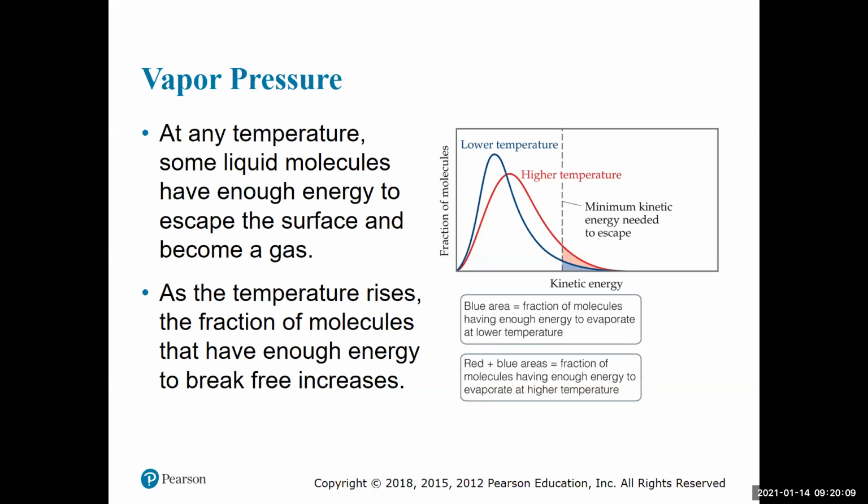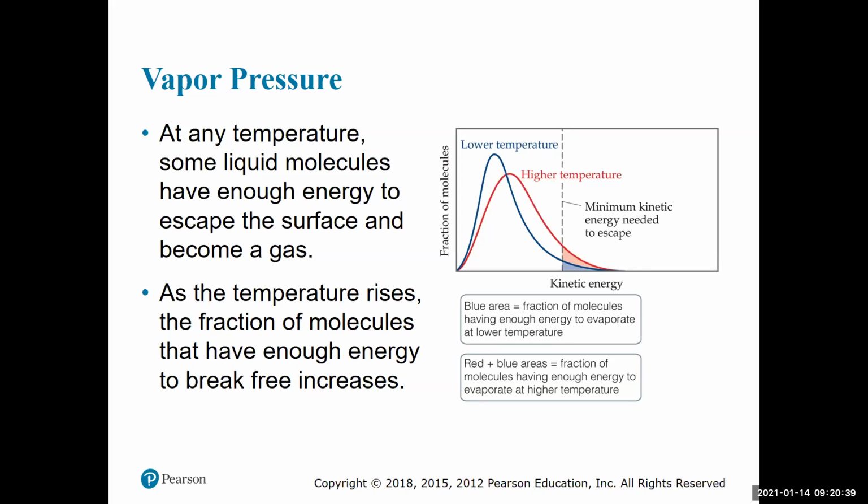And so what we have here is a plot where the x-axis is kinetic energy and the y-axis is the number of molecules, and this dotted line is the minimum amount of kinetic energy needed for a molecule to escape. In other words, putting heat in to get it to leave the group, so to speak.